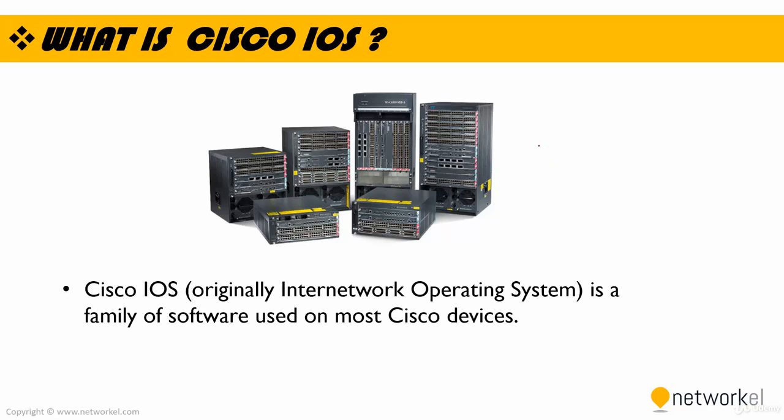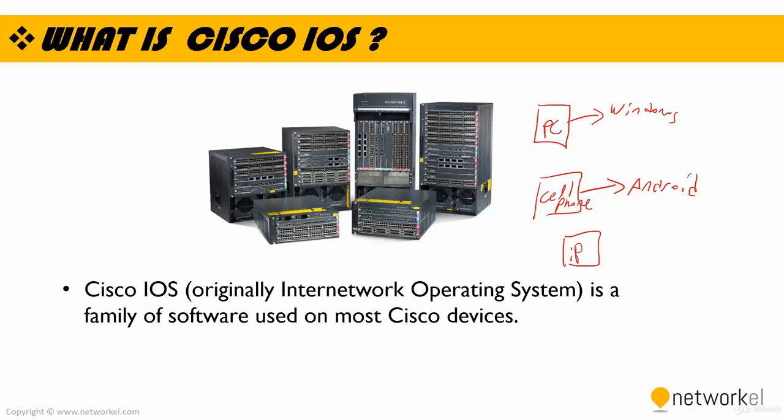As you know, most of our hardware devices have a software operating system. For example, I'm using a PC and I have the operating system of maybe Windows. I'm using a cell phone and I'm using an operating system of maybe Android.